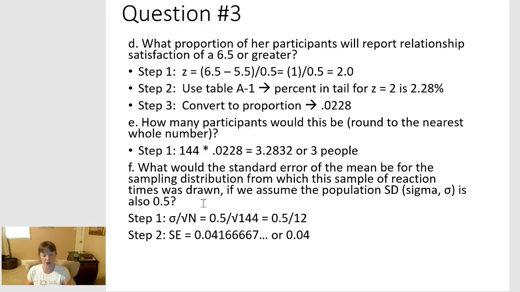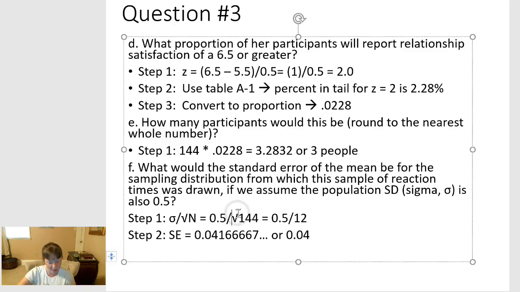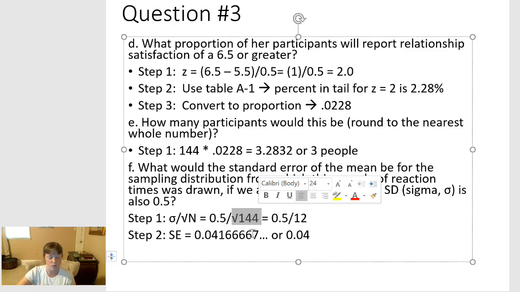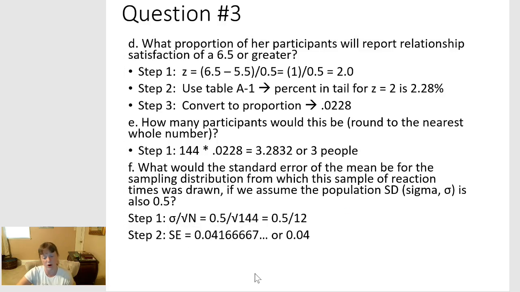And I'm telling you that you can assume that the sample standard deviation is the same as the population standard deviation. And we know that the standard deviation is 0.5. And we know that our total sample size is 144. And so I take 0.5 divided by the square root of 144, right? And so then we get a standard error of 0.0416, or I can round that to 0.04, right?